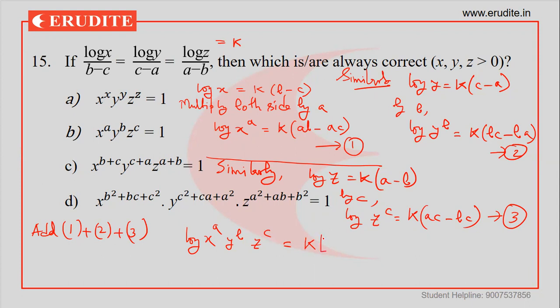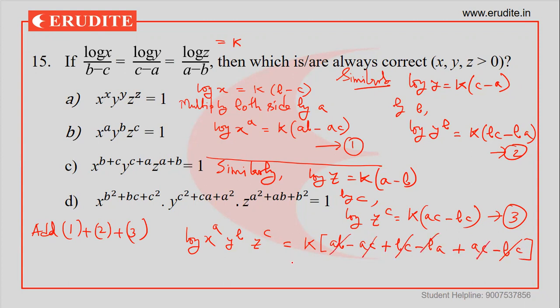all of the data appearing. The first one is appearing as AB minus AC, then the second one BC minus BA, the third one AC minus BC. Now please see that BC gets cancelled, AC gets cancelled, AB gets cancelled.